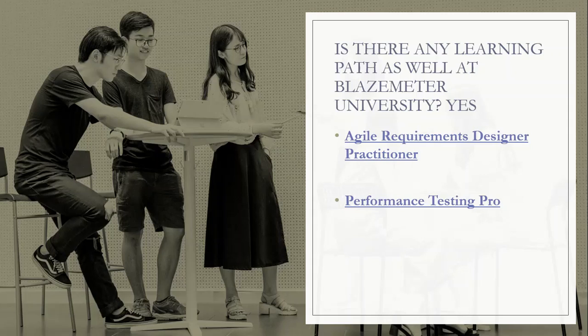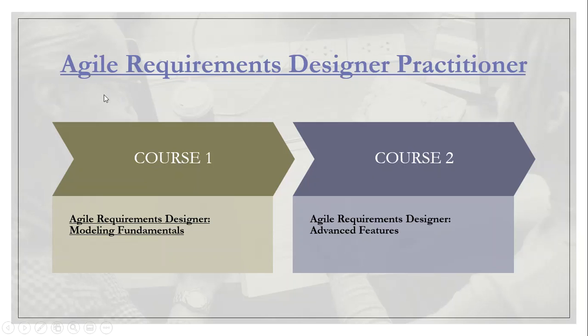Is there any learning path at BLAZEMETER University? Yes. There are two kinds of learning paths offered by BLAZEMETER as of now. One is Agile Requirement Designer Practitioner, and the other is Performance Testing Pro. Let's first discuss the Agile Requirement Designer Practitioner path, which consists of two courses.